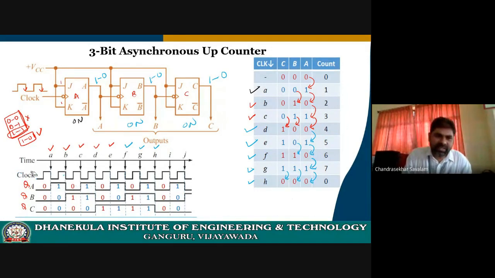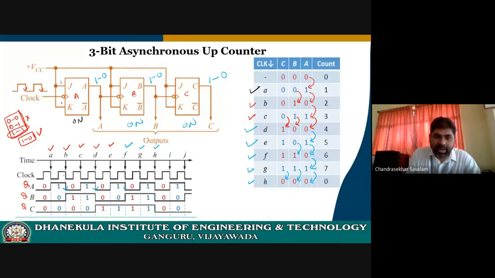Observe the waveform, students. B flip-flop, QB depends upon QA. That means QB's response depends upon QA, because QA acts as the clock for QB. This is a negative edge trigger, meaning QA is applied as a clock like this.